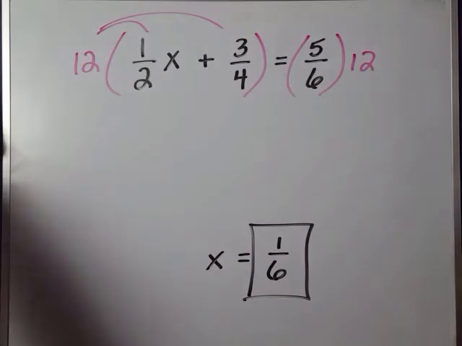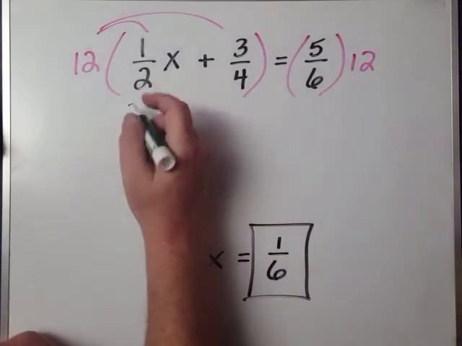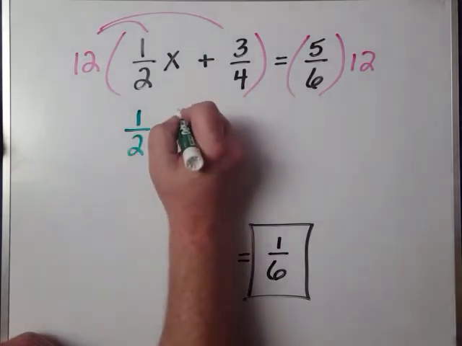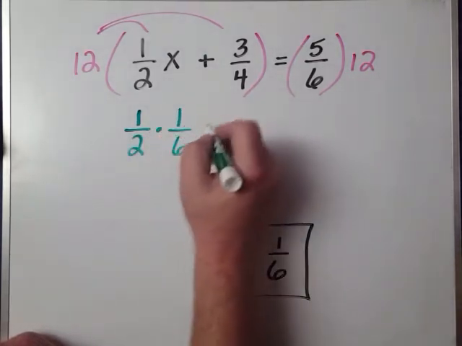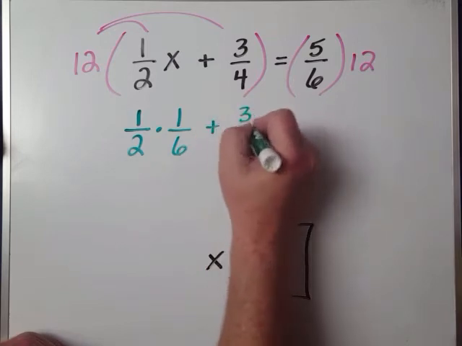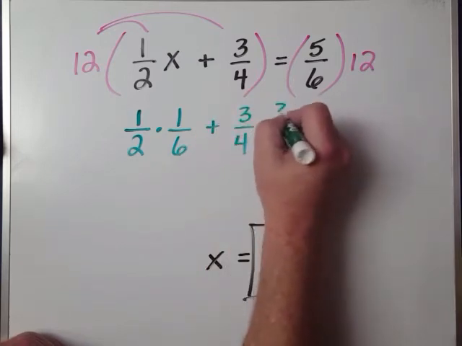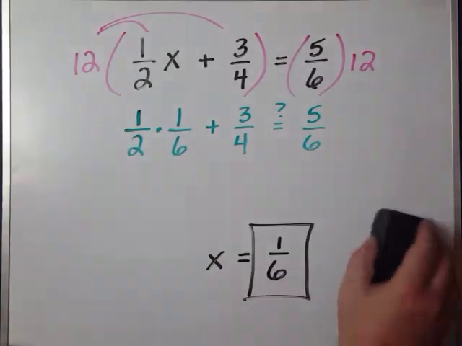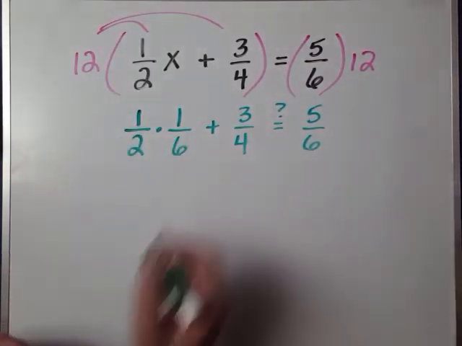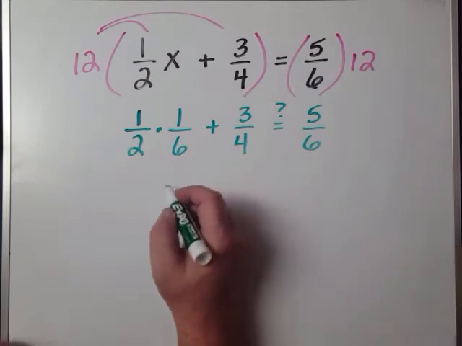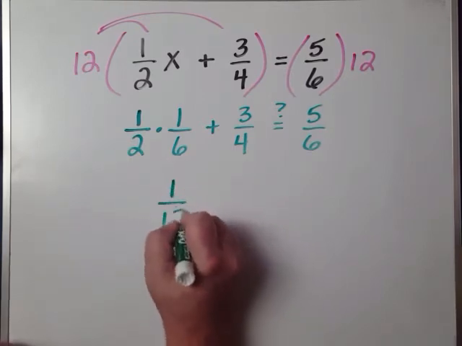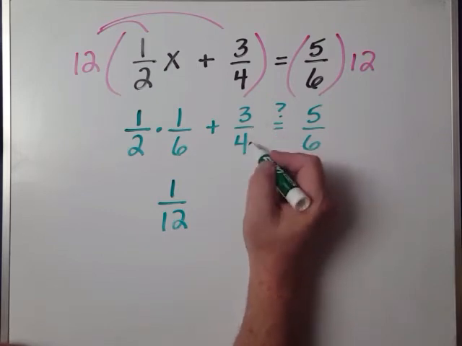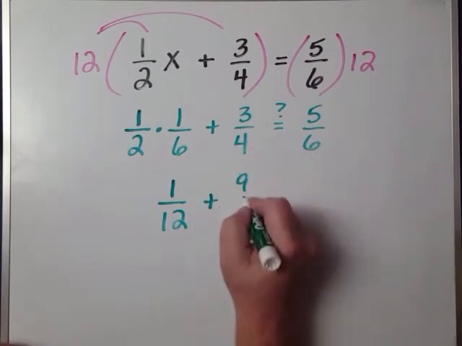Let's plug back in and see if it is true that when x is 1/6 that this original statement comes out correct. So 1/2 times 1/6 is 1/12. I'm going to need twelfths for my common denominator. 3/4 becomes 9/12.